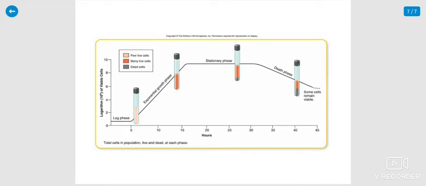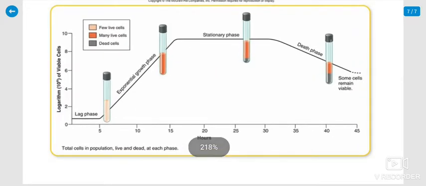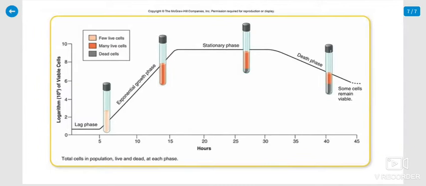This is the final slide. We can understand the total cells in a population, living and dead, in each phase. The log phase is shown in this color, exponential in this color, and in the stationary phase, around 25% die and the color changes. Finally the death stage is 50-50%, and some cells remain viable.